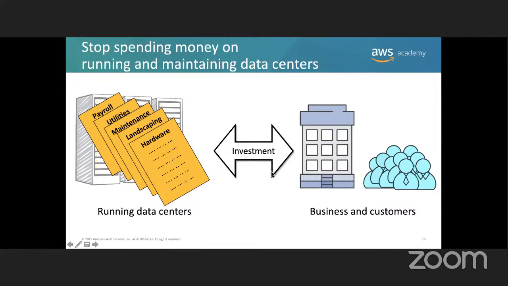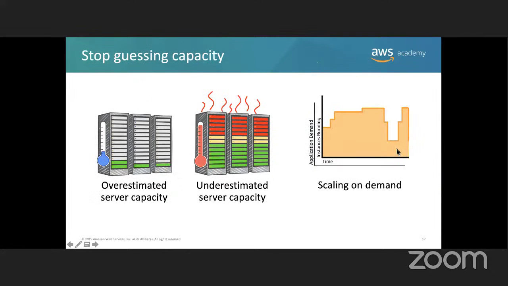Now, this is what you do there: you invest in customers and business. That's what you can do in the cloud. You forget about this, it's not a concern anymore. And now you can invest in your business and customers.